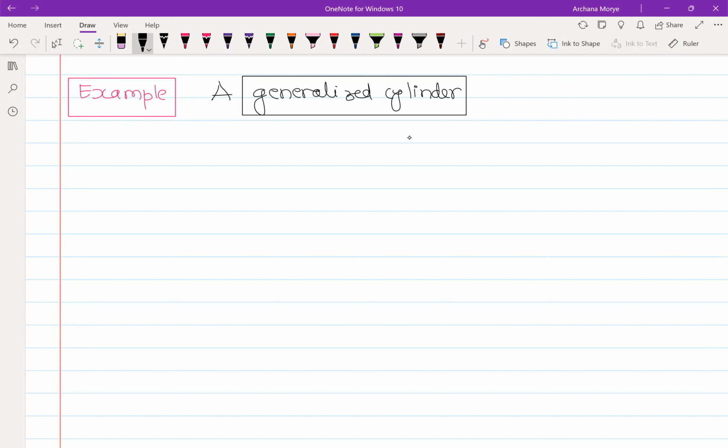In general, remember how a cylinder is made. You have a circle, and at each point of the circle we put all these lines, right? These kinds of surfaces, which yesterday I told you are called ruled surfaces. So the generalized cylinder is also a ruled surface.